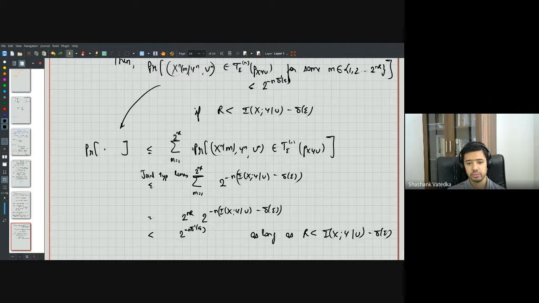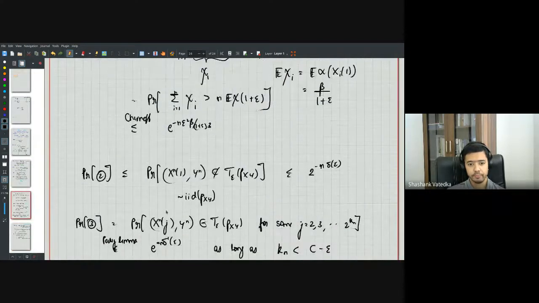So this is the probability that you transmit X^n(1) but decode it as X^n(m). This is the pairwise probability of error, given by the joint typicality lemma, and as long as R is not too large, the overall probability of error is also vanishingly small.